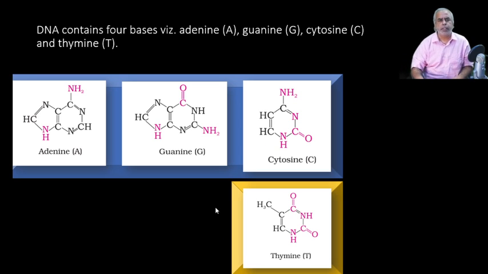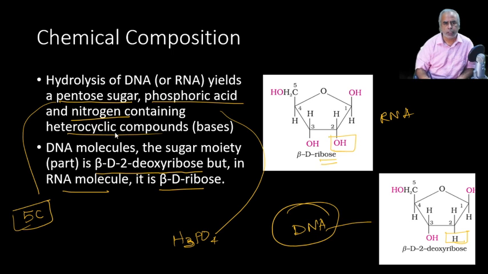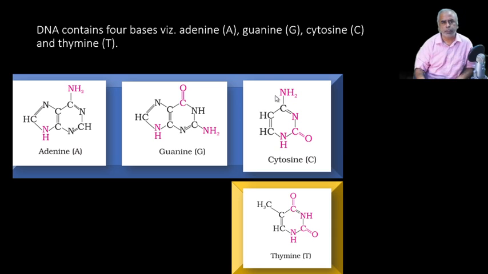DNA contains basically 4 bases. As I already discussed, the bases are nothing but heterocyclic compounds having nitrogen. Heterocyclic means they have a cyclic structure, but apart from carbon there will be heteroatoms like nitrogen or oxygen.